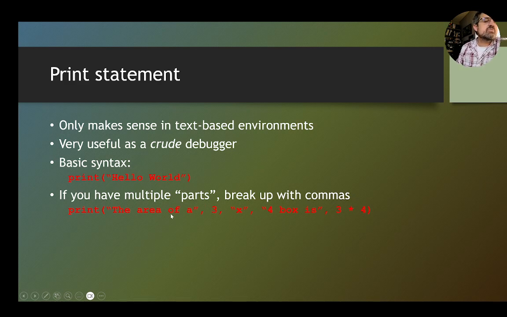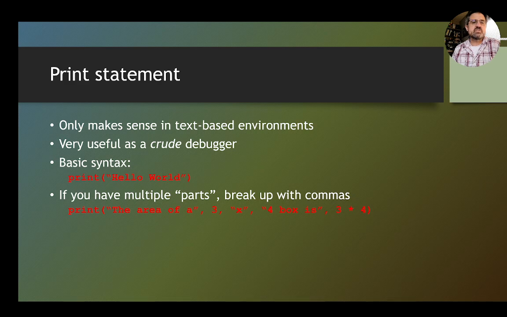It's a different type of thing than the string, so I needed the comma to break it up. Then I've got another string, the letter x, a comma, another string. I didn't have to break these up, but it is allowable to break it into two different strings. And then here I've got an expression. This will compute the result of 3 times 4, or 12, and that'll be that part of the print statement.